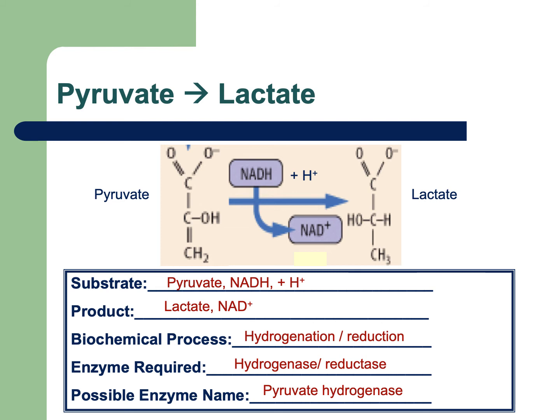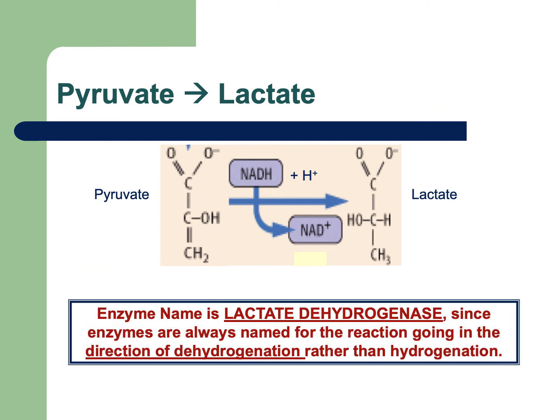So pyruvate is becoming hydrogenated. We are adding hydrogens to it. So the biochemical process would be hydrogenation, also known as reduction, and the enzyme required would be hydrogenase or reductase. So therefore, the possible enzyme name based on our naming principles that we learned in class would be pyruvate hydrogenase.